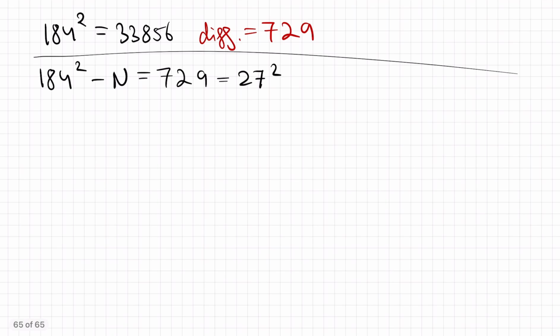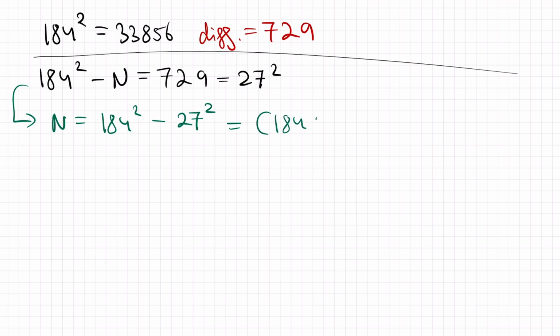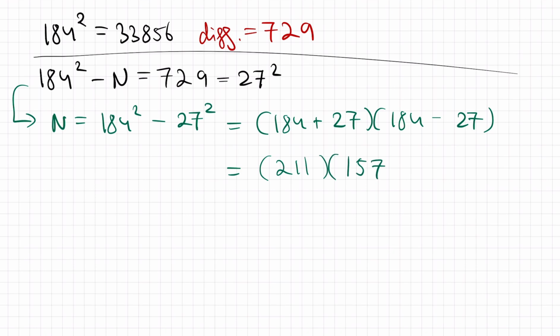So with a bit of rearranging, like so, we can get n is equal to 184 squared minus 27 squared. And now what you can see is this can just be rewritten as 184 plus 27 and 184 minus 27, which gives us the two factors 211 and 157, like so.